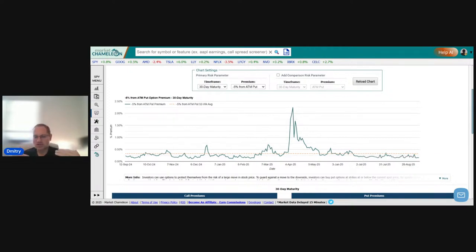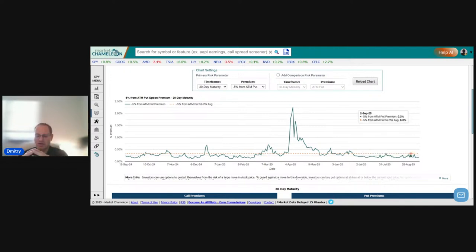And historically, not only how far away, but how much does it sit around the average, versus something like this where we get this big outlier up here, where maybe something happened, the premiums went way up, then came back down to their average.